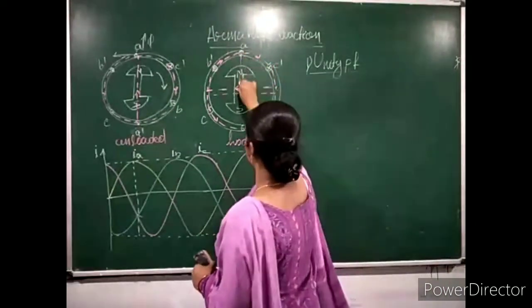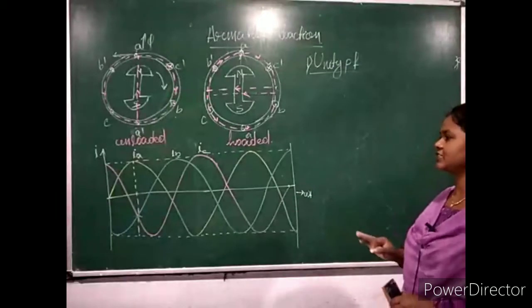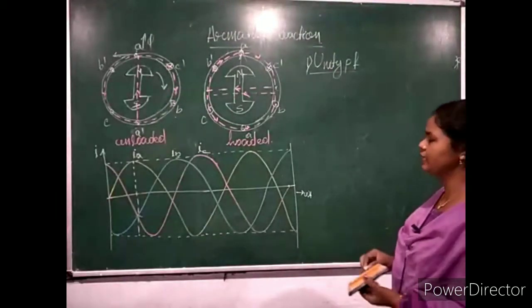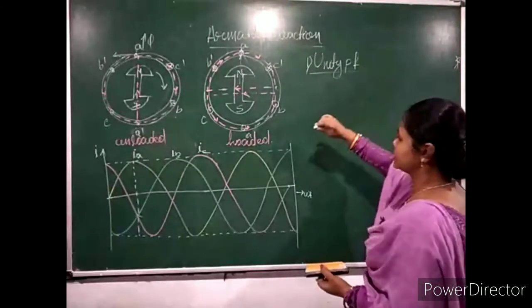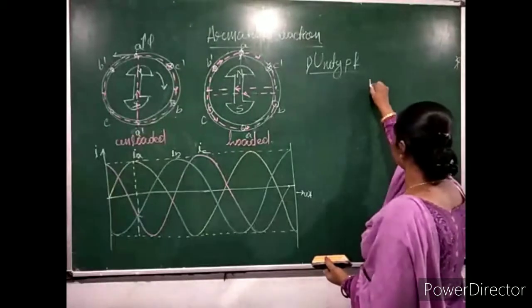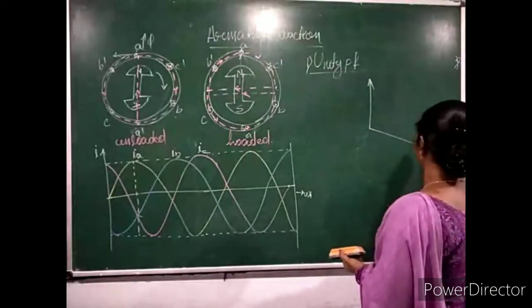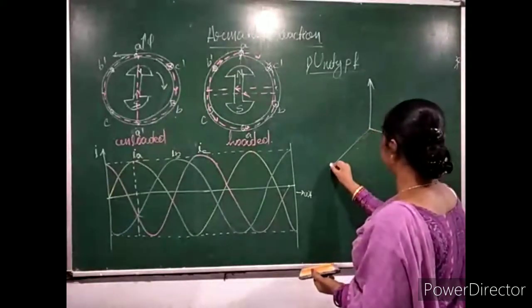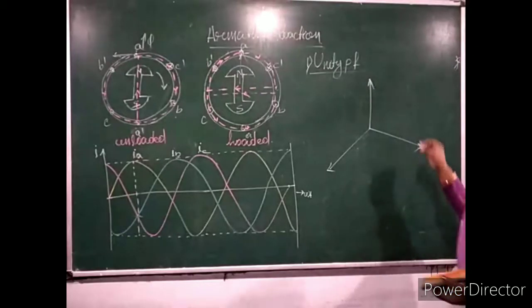Which one is in the upward direction? Okay, what is its effect? So the better example here I take, as it is a unity power factor, each phase voltage and current are in phase with each other.